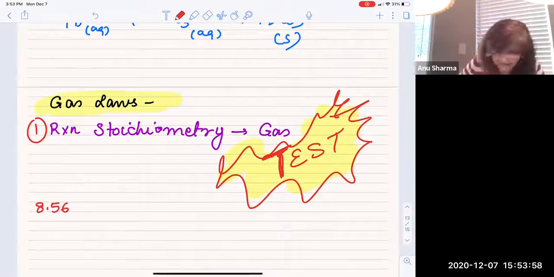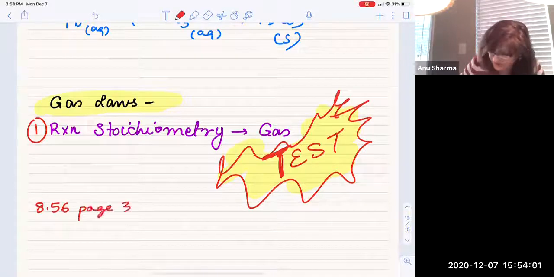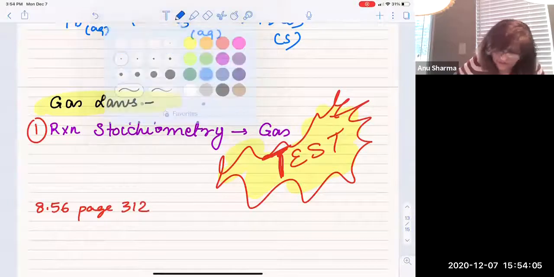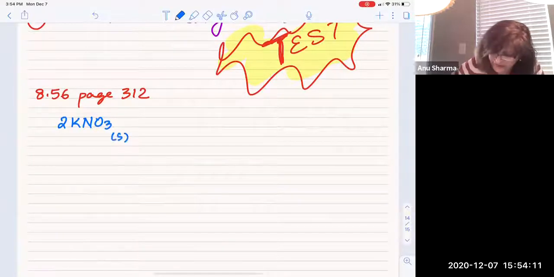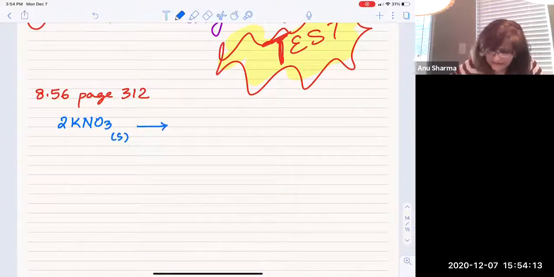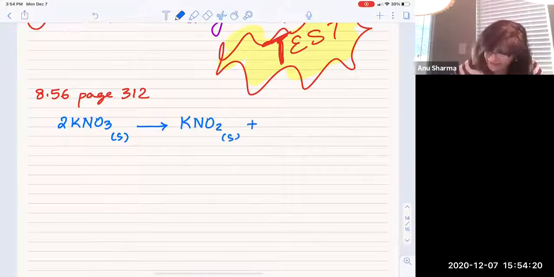This is problem 8.56, page 312. Now we have here potassium nitrate. So 2 moles of KNO3, which is a solid, is being heated, right? And it's a decomposition reaction. It gives you KNO2, which is also a solid, and it liberates oxygen as a gas.